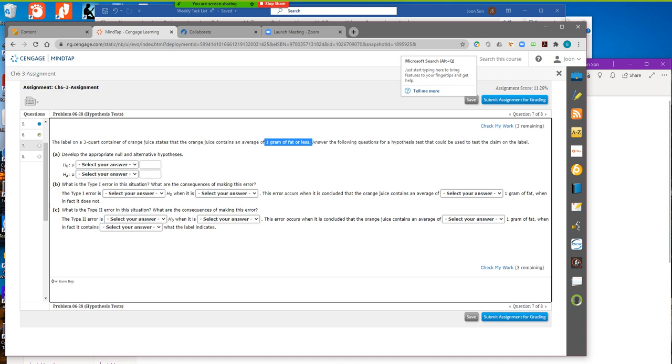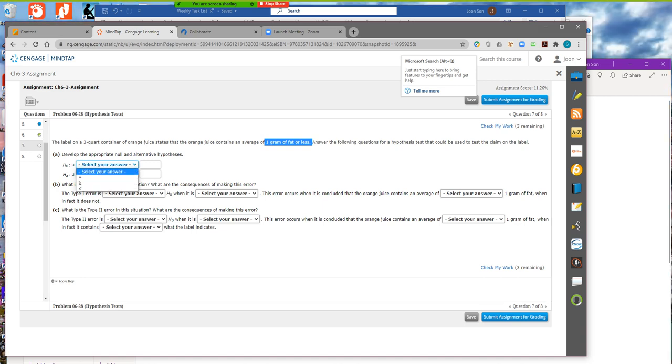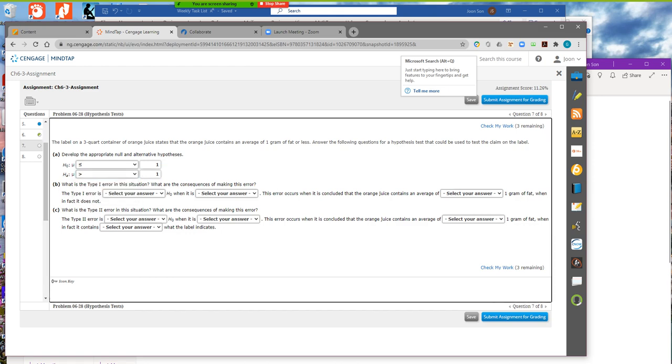So the null hypothesis is that the mean is less than or equal to 1 gram. The alternative hypothesis is that the container has more than 1 gram. So that should be the null and alternative hypothesis.